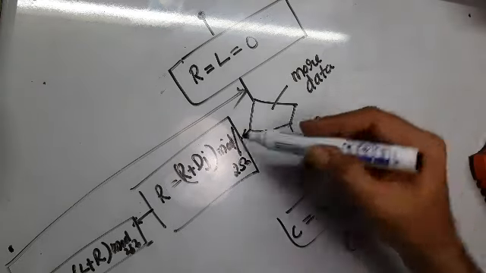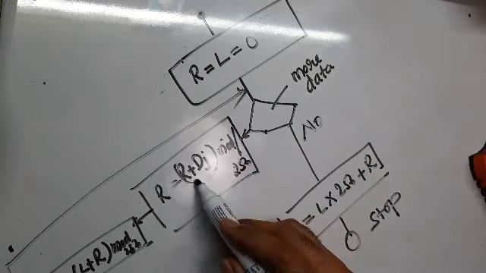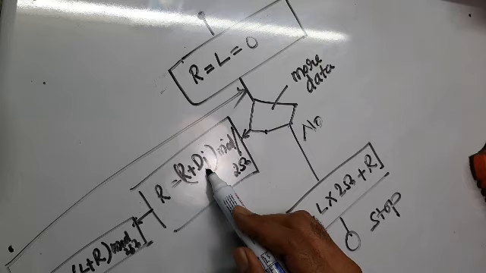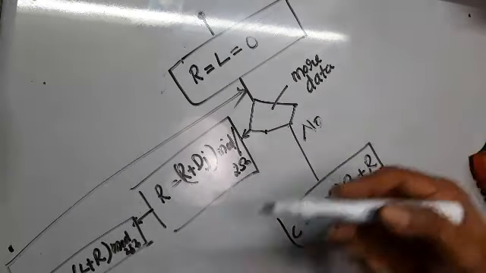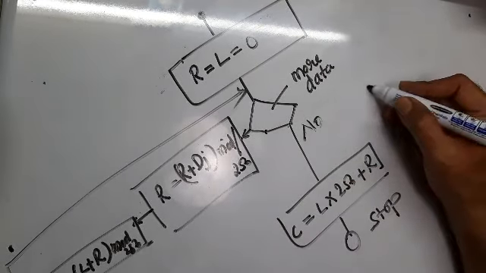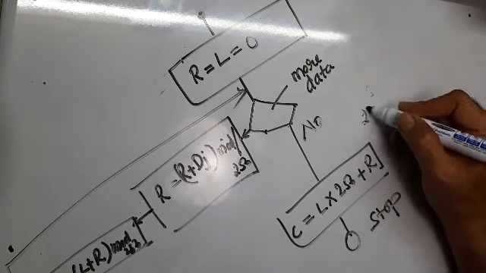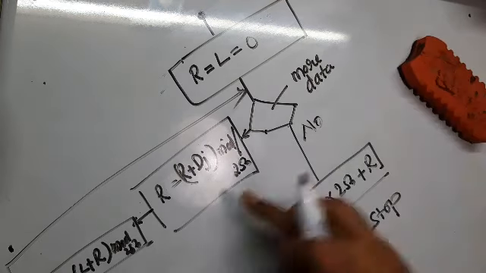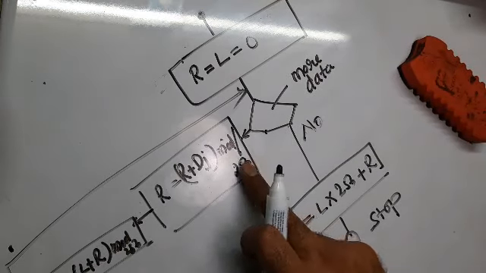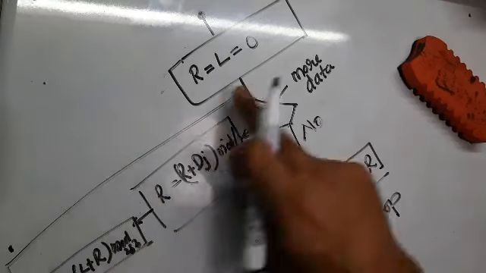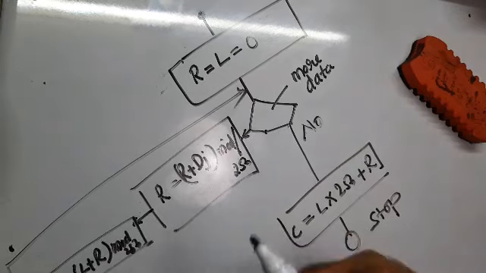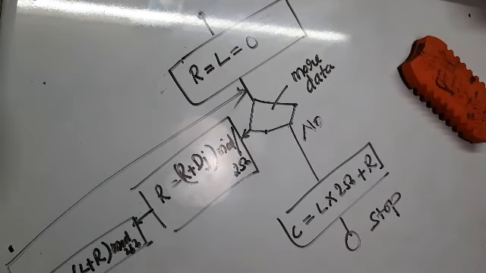So you are repeatedly adding data words. Initially you add a data word to the right side. If the value is more than 256, that means with 8 bits you can have a value up to 255, the excess will be added to L. This is the idea used here, and it gets repeatedly added. By the time all the data words are exhausted, if the sum exceeds 8 bits, it is represented in 16 bits using this idea.